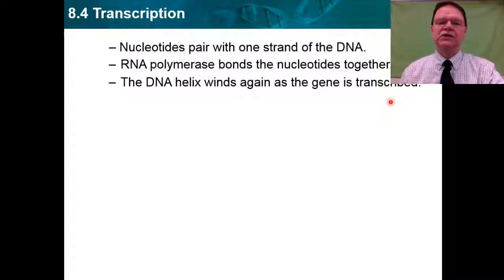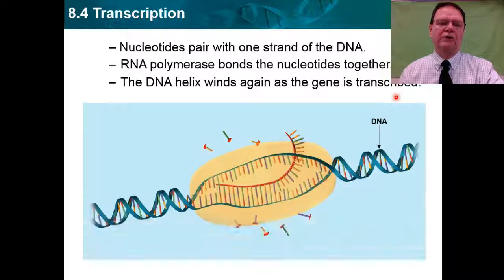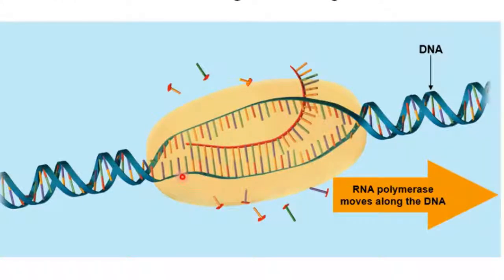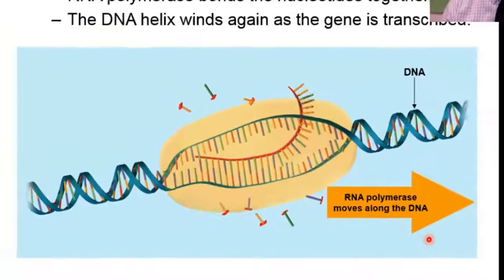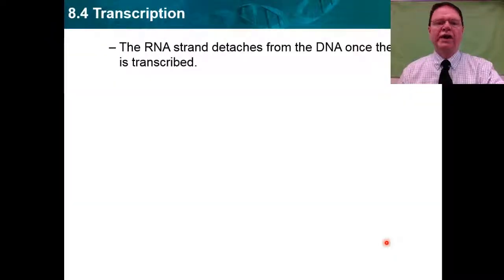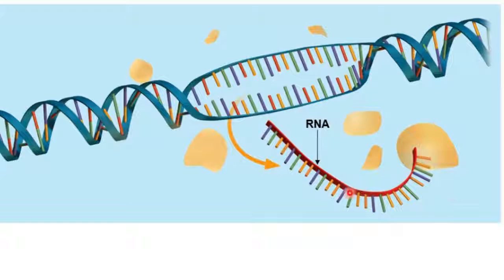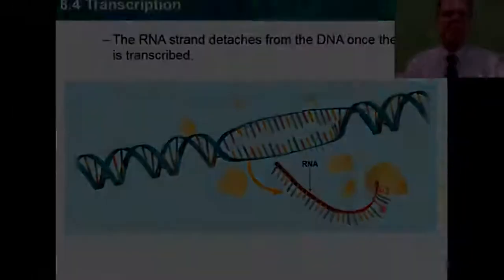And so the DNA helix is going to wind again as the gene is copied or transcribed. As you see here, RNA polymerase is going to move along the DNA molecule in much the same way that DNA polymerase did. In this case, however, only producing a single strand molecule. And then the RNA strand is going to detach from the DNA once the gene has been copied or transcribed, as you see here.